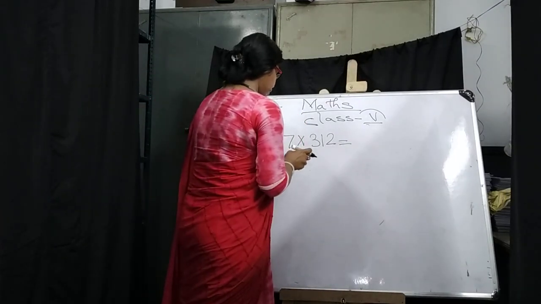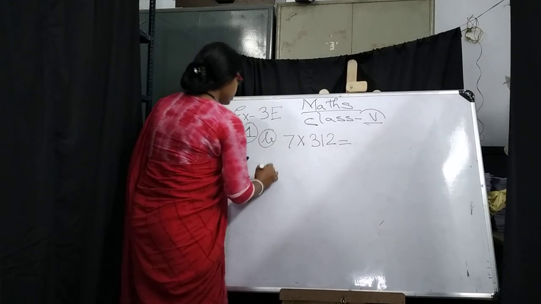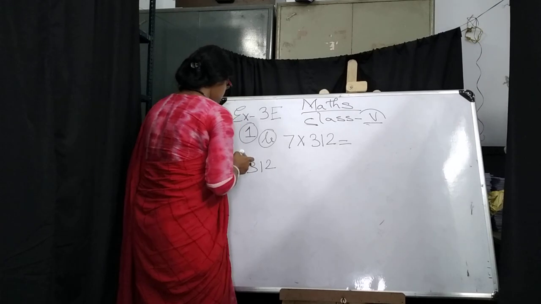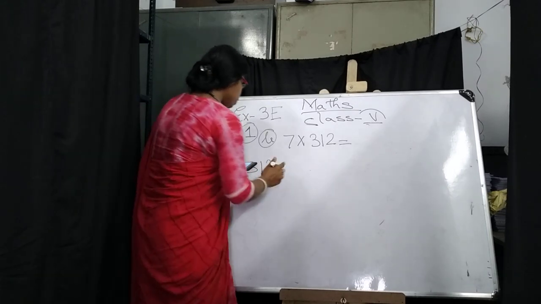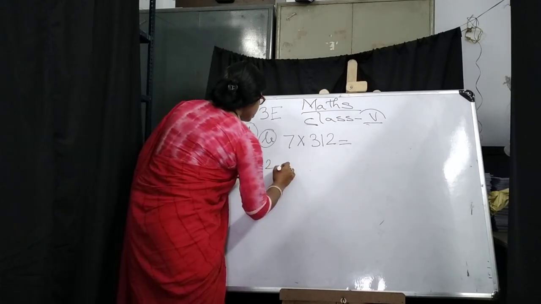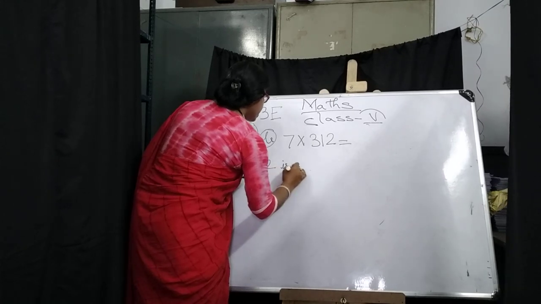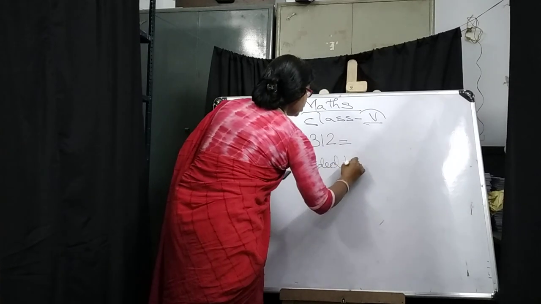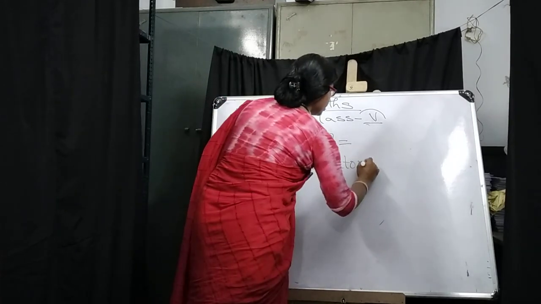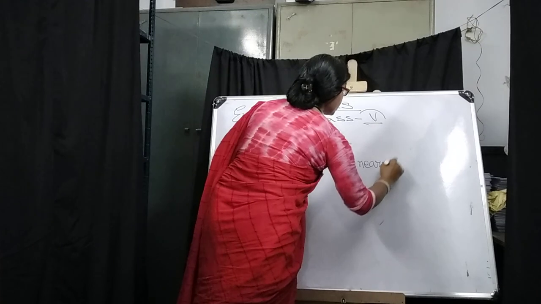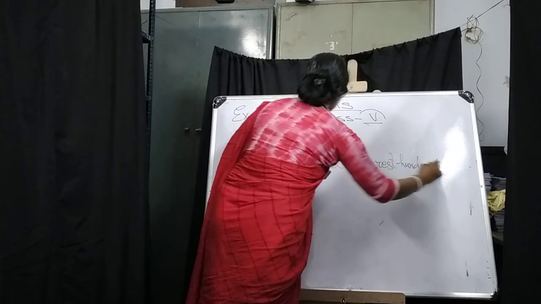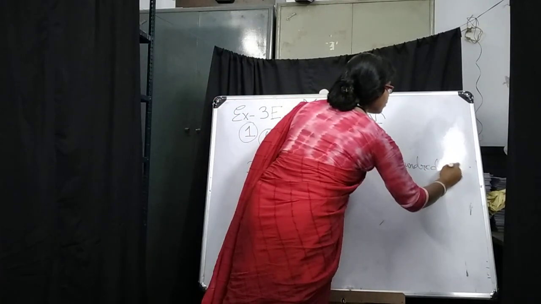which answer will be correct? 7 will remain as it is. 312 is rounded to nearest 100. Nearest 100, that is 300.